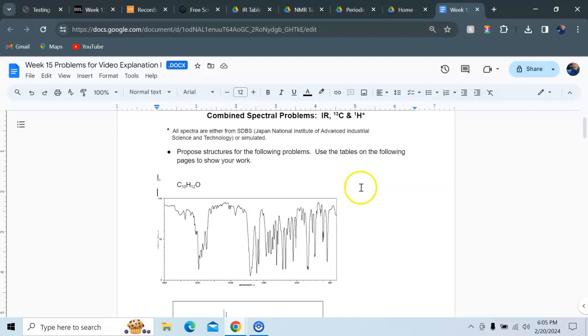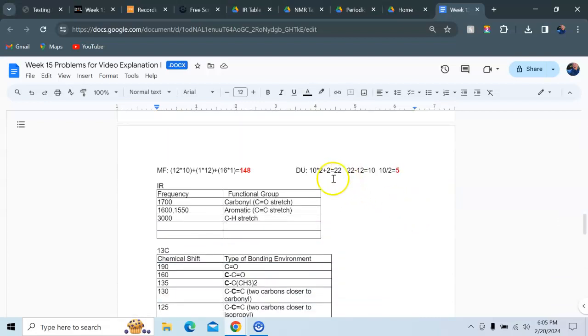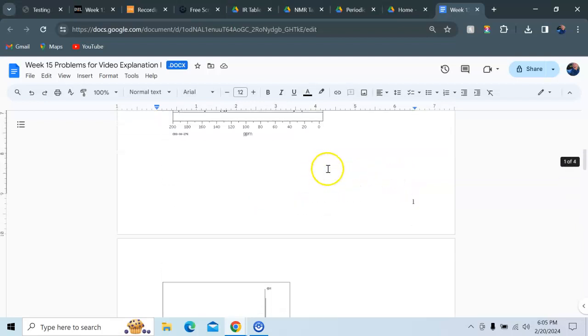So the first thing I want to do is calculate the degrees of unsaturation. I do that down here, here's the equation that I use, but I'll talk it through.